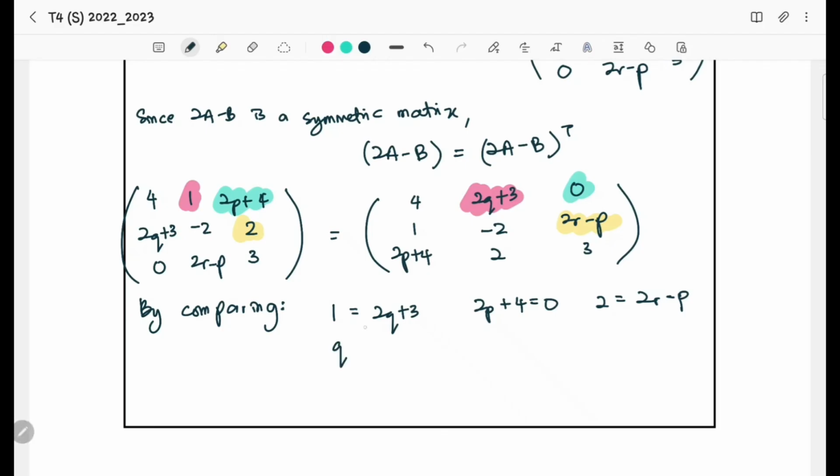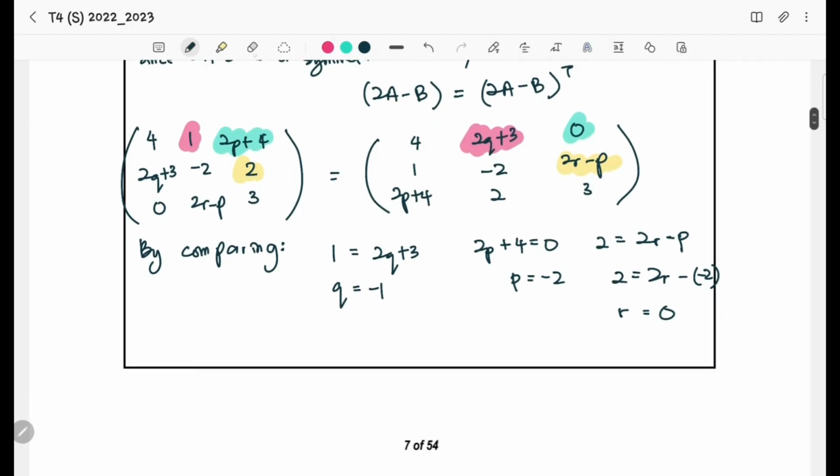For this one, Q is equal to negative 1, just rearrange them. And this one, P is equal to negative 2. Substitute P in here: you get 2 is equal to 2R minus negative 2. So R is equal to 0. So there you go, we get the answer for Q, P and R.